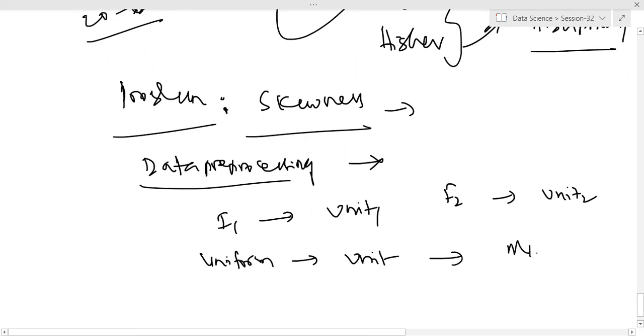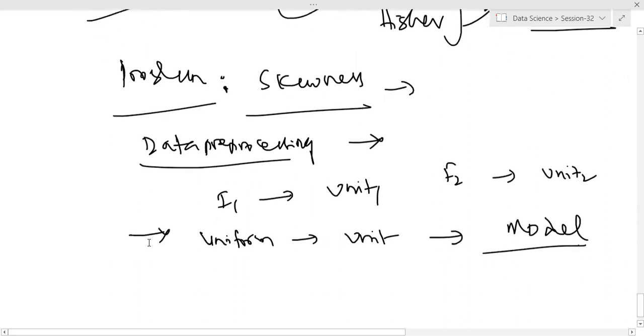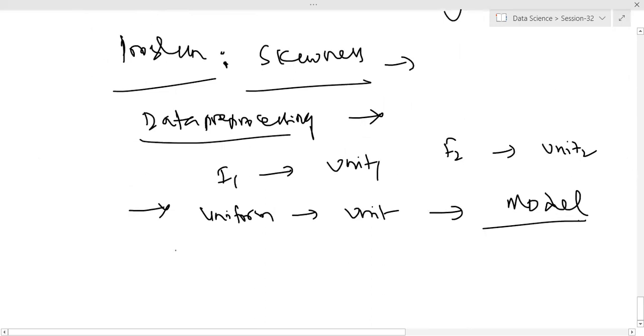Then only the model won't mistakenly take the skewed values of your salary. I have given enough hints. Yes, we have seen that if features have different units, standardization.